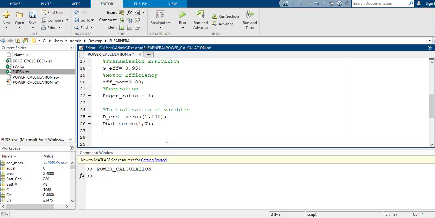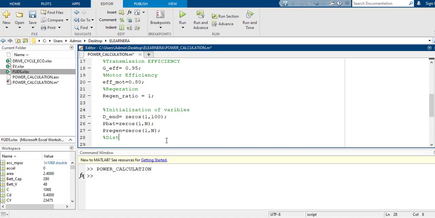Now I will put P regeneration, meaning power regeneration, equal to zeros 1, n. Then I will record the distance travelled in kilometers.